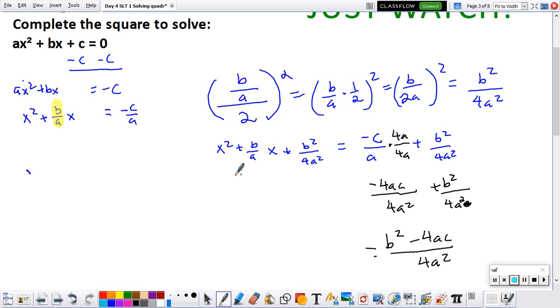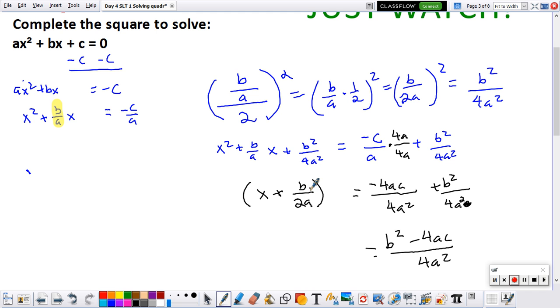So let's work on the left side for a little bit. We've created this perfect square trinomial, and what adds to b over a and multiplies to b squared over 4a squared is simply b over 2a. If I multiplied b over 2a times b over 2a, I would get b squared over 4a squared.